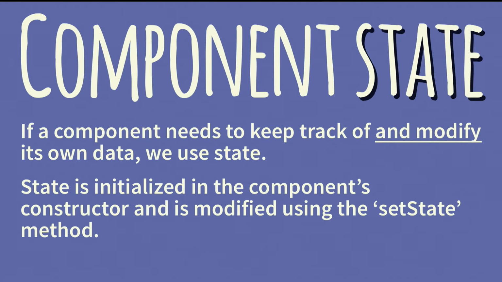So if a component needs to keep track of and modify, modify being the keyword, its own data, then we use state. And state is initialized in a component's constructor, just like, do you remember the constructor we used in the last project for the class? I'll show you. And it's modified using the setState method.